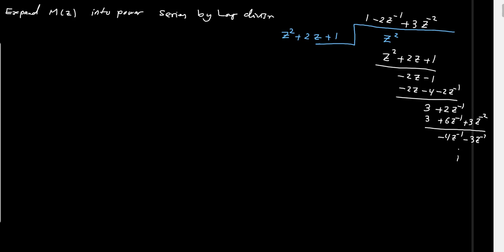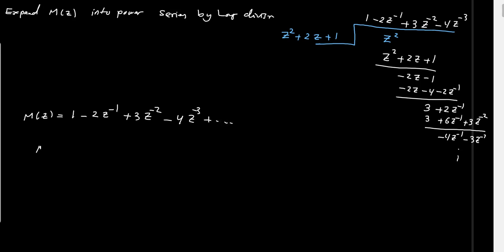If I need to terminate this term, I will add here minus 4z^-3. So now M(z) can be factorized into 1 minus 2z^-1 plus 3z^-2 minus 4z^-3, and so on.